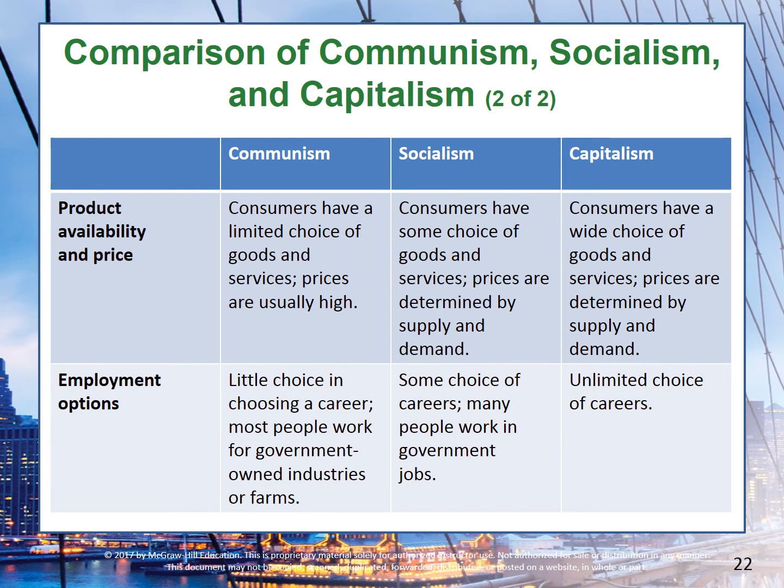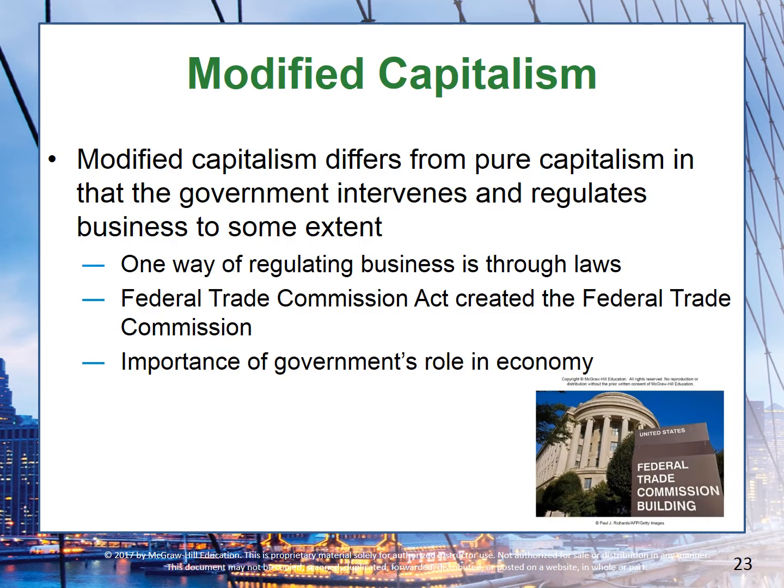This slide basically compares the product availability, pricing, and employment options within the communist, socialist, and capitalist countries of the world. I explained on a couple of slides previously that modified capitalism differs from pure capitalism in that the government intervenes and regulates our businesses.